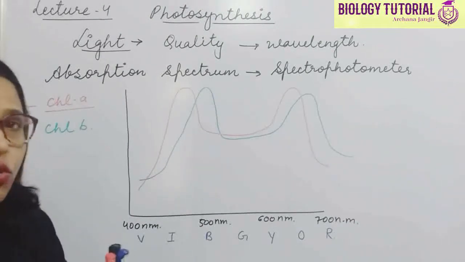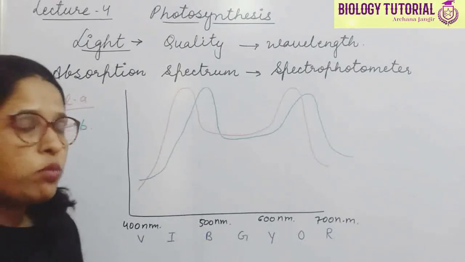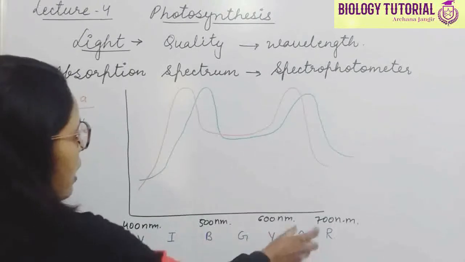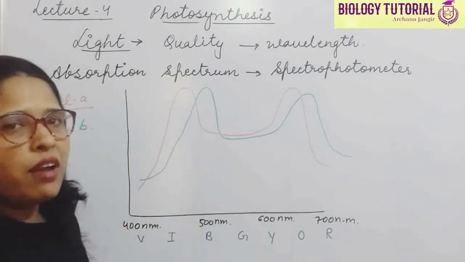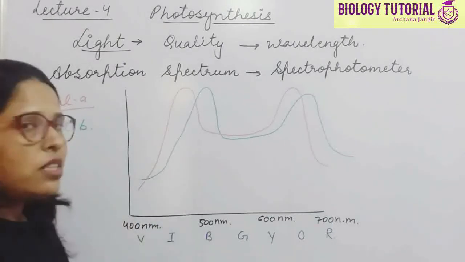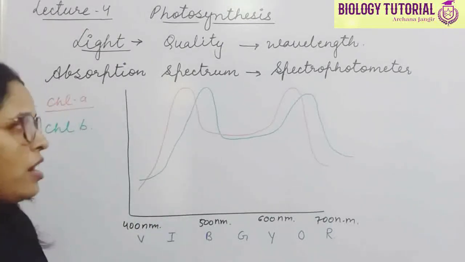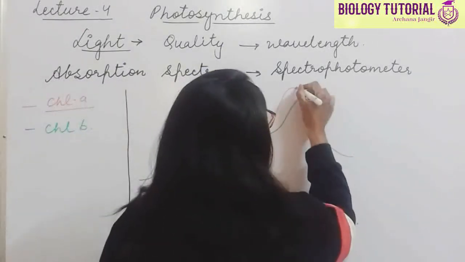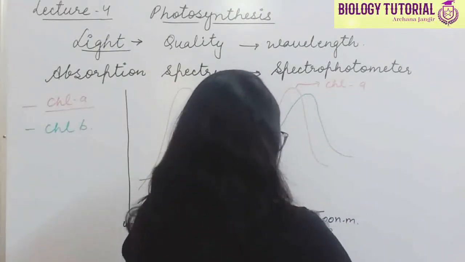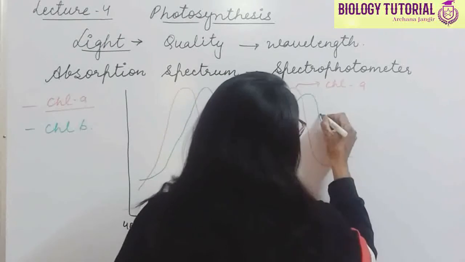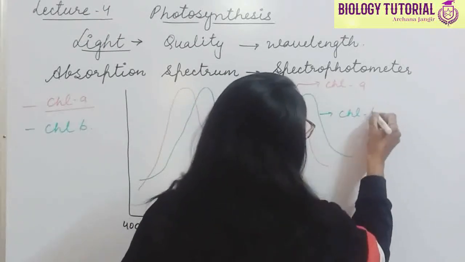Clear? So it is also going to absorb blue and red light, but slightly tilted to the left side. Clear? So this is the peak obtained for chlorophyll B. This is for chlorophyll A, and here is chlorophyll B. This peak is for chlorophyll B.